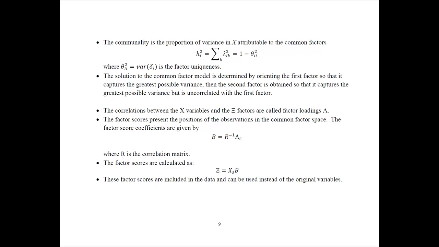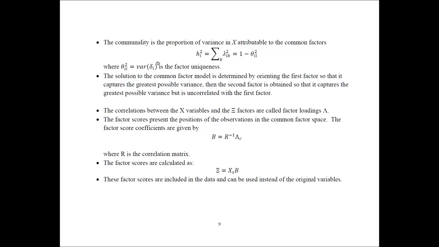And now we'll talk about the communality. The communality is the proportion of variance in X that's attributable to the common factors. It's also equal to 1 minus theta squared ii, where theta squared is the variance of delta i. So to speak, this is the error term that I talked about on the previous slide.